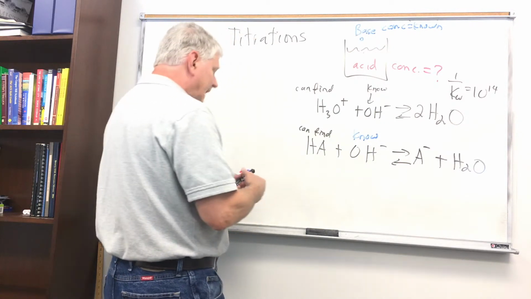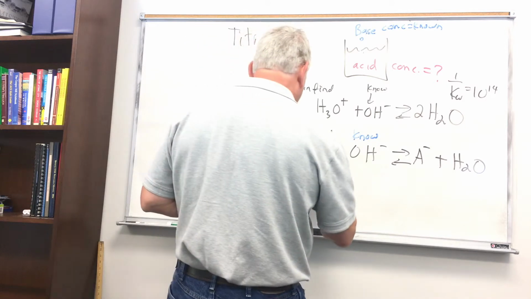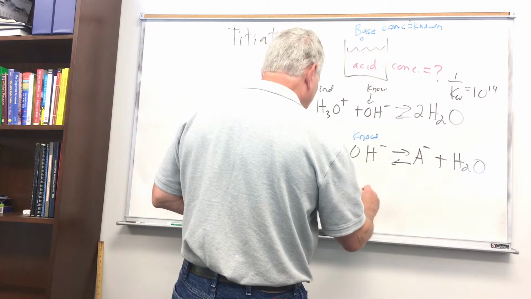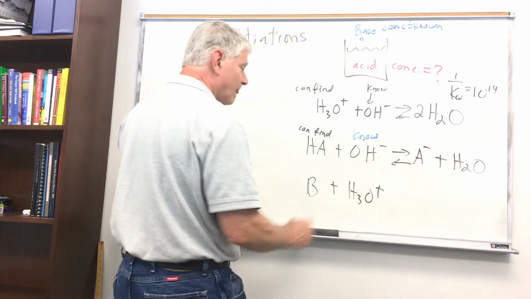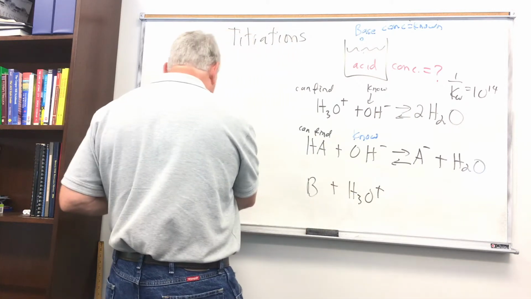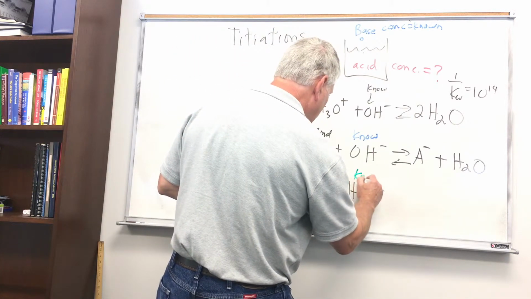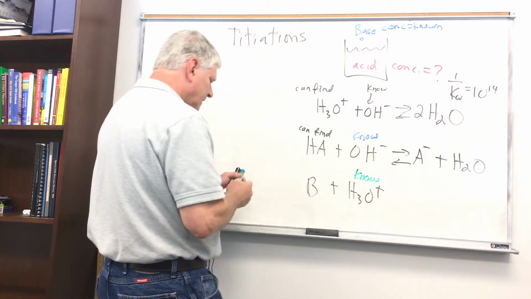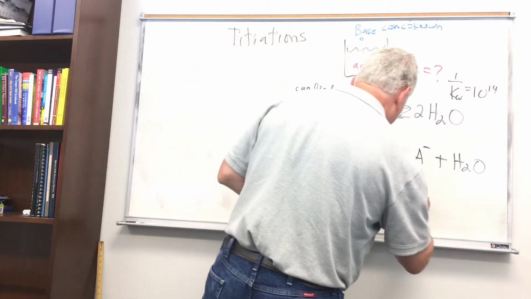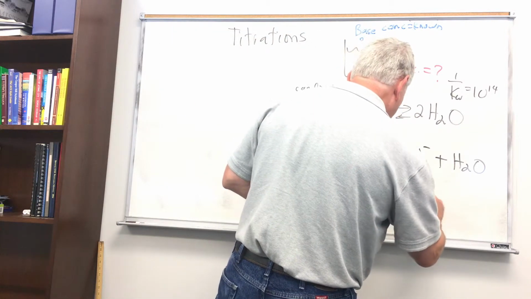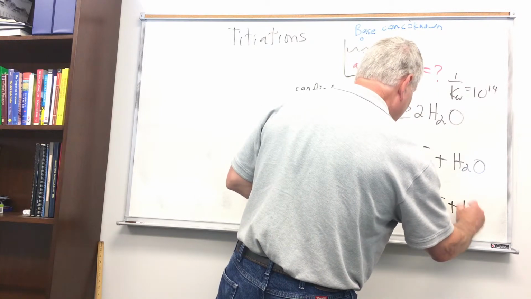Say we have a weak base in our solution, and we react that with a strong acid, and we know the strong acid concentration, then this reaction will produce BH+ and water.